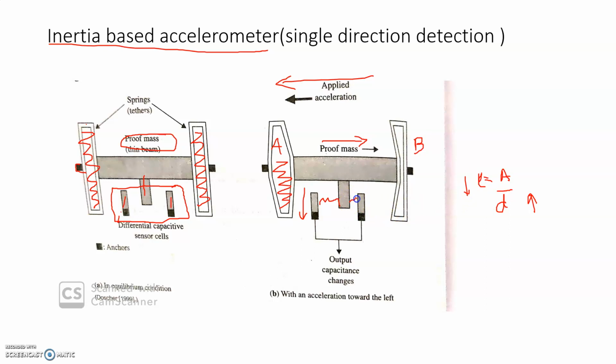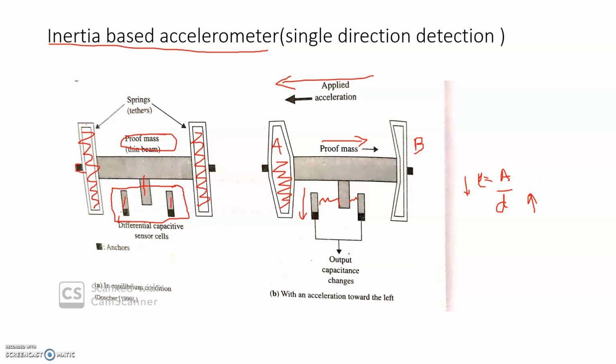Here we have a reduction in distance, which means an increase in capacitance. By measuring the difference between these two capacitance values, we are able to detect a change, that is, the detection of acceleration by the movement.